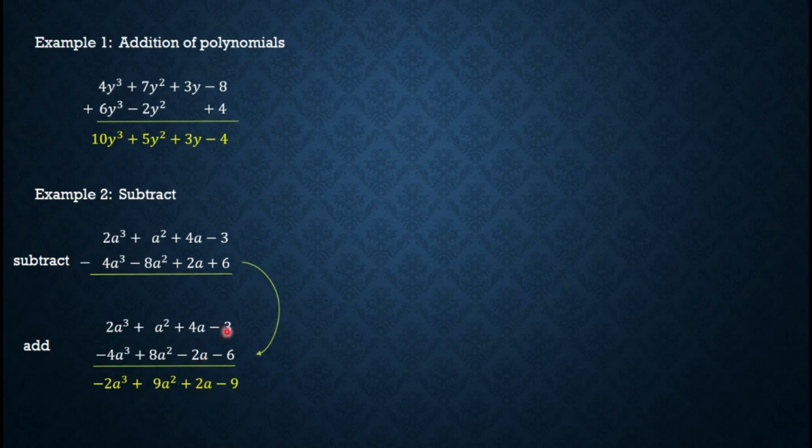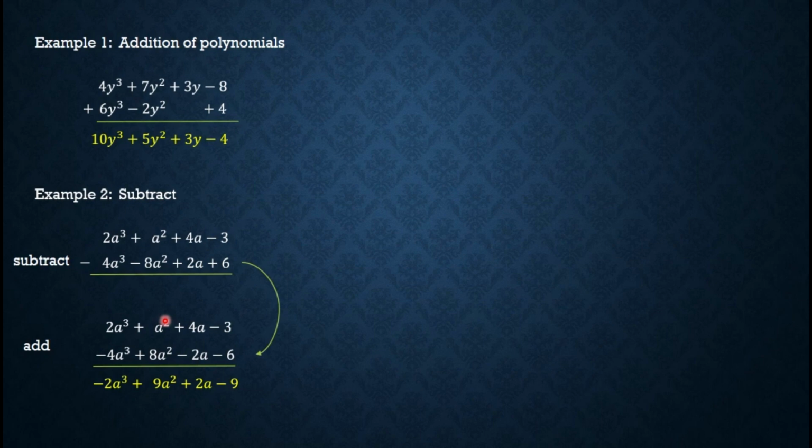Negative 3 plus negative 6 is negative 9. So if you add numbers with the same sign, you obtain the negative sign. Remember, if you multiply, positive times positive is positive, positive times negative is negative, negative times negative is positive, negative plus negative is negative.